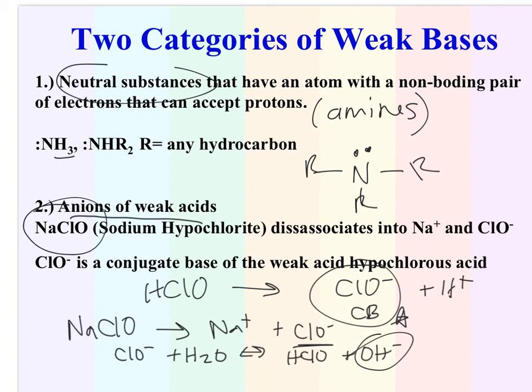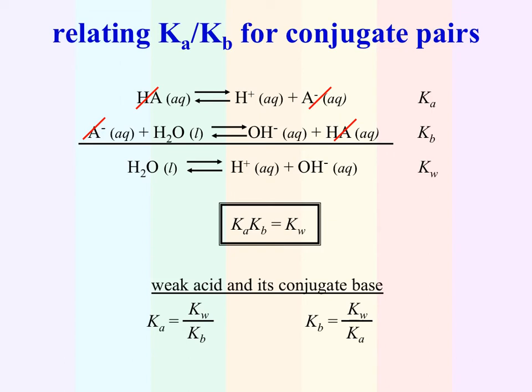So we do need to keep in mind those conjugate bases that are produced from weak acids, and the simple fact that they are able to behave as weak bases in solution and can subsequently affect your pH.